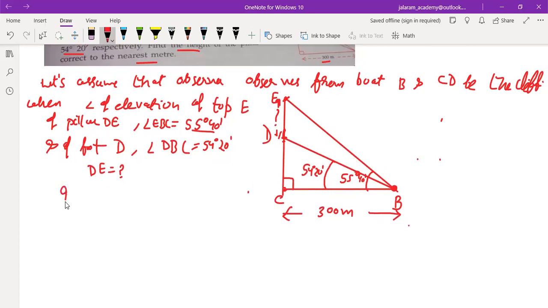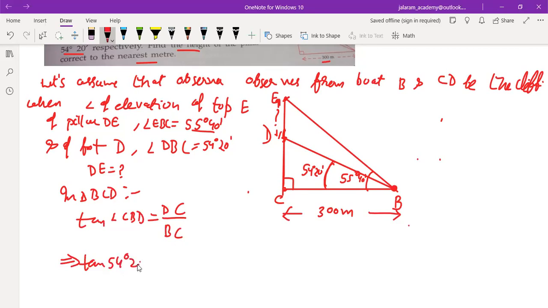Now we first take any one of the triangles. There are two right angle triangles. So if you take triangle BCD, we get in triangle BCD, tan angle CBD equals, we know that, perpendicular DC upon base BC. It implies tan 54 degree 20 minutes equals DC upon BC.